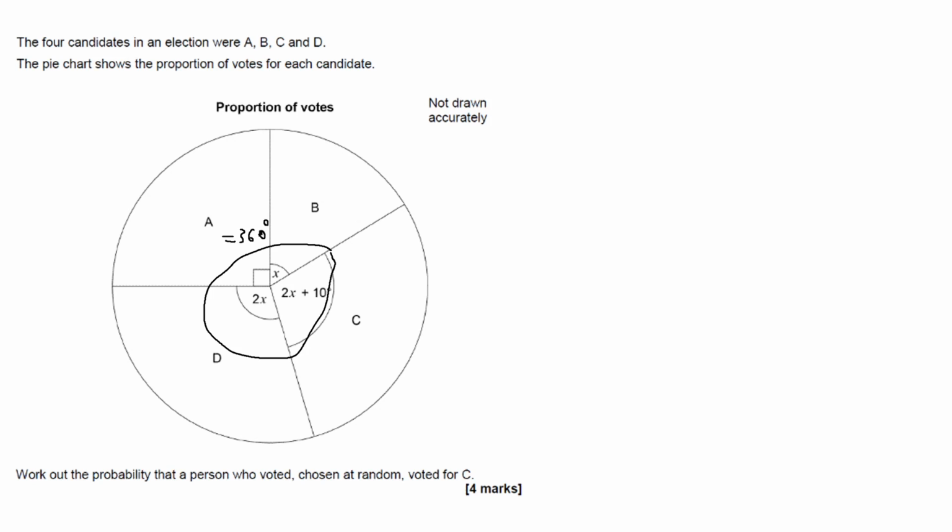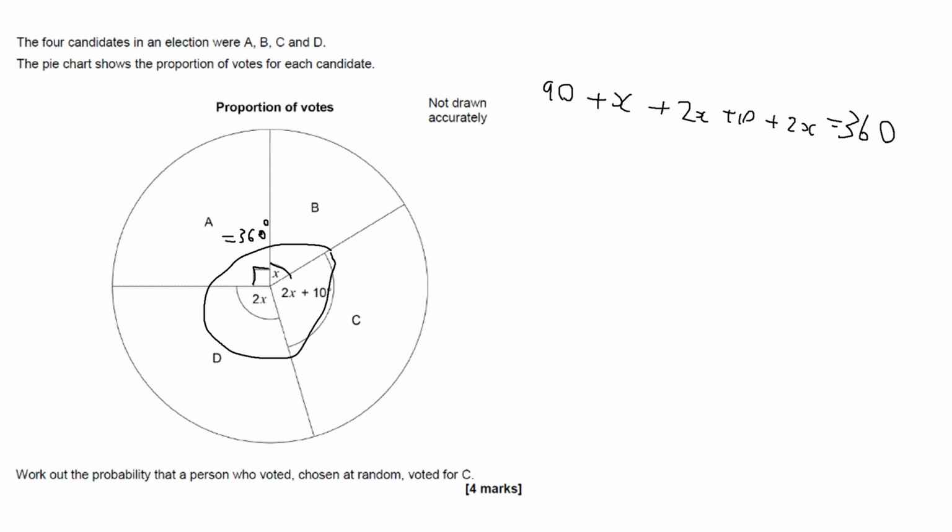Okay? And so what we can say is, if we add all of these together, it'll be equal to 360. So this is 90 degrees, so 90 plus x, plus 2x plus 10 plus 2x is equal to 360, okay?